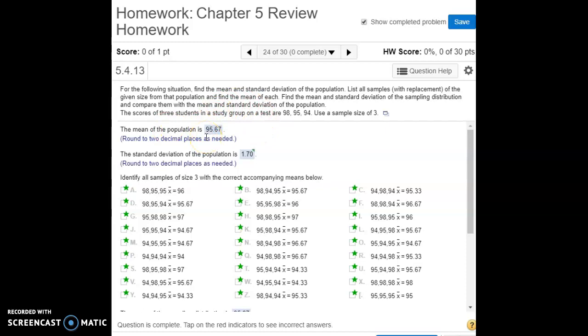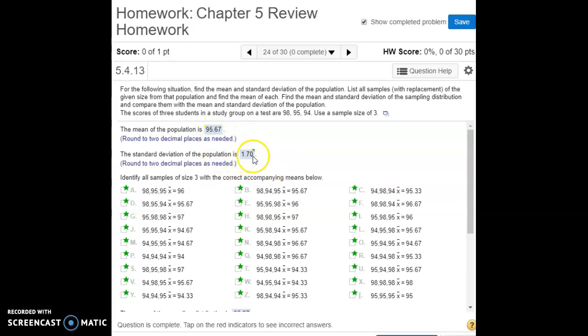And that kind of should make sense. Some samples are going to have a mean that's a little bit less than the population mean. Some will have a mean that's a little bit more. Some will be right on, have the exact same mean as the population mean. And when you average all of that out, you're going to get right to the population mean.